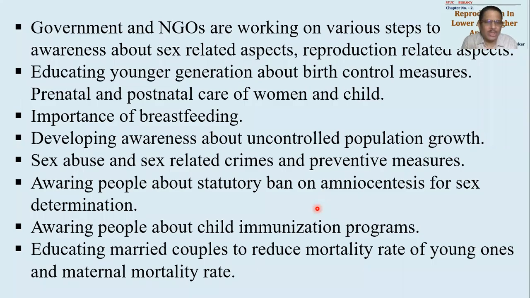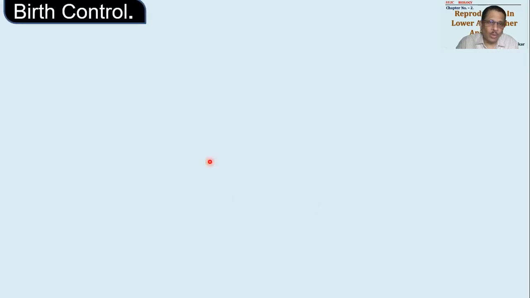You must have seen or heard many different types of slogans which are made for this. Okay, so government is making lots and lots of tries to maintain the reproductive health. Okay, now we have to consider the birth control devices and birth control.